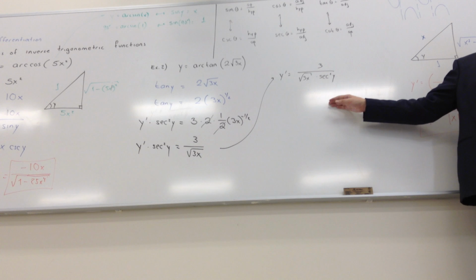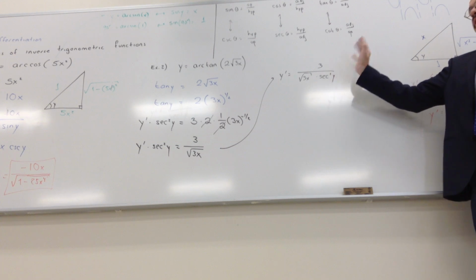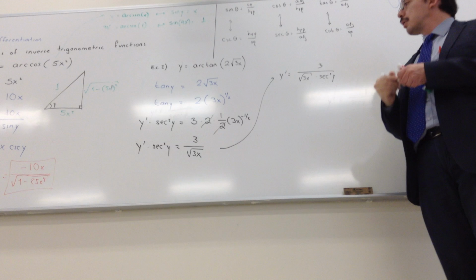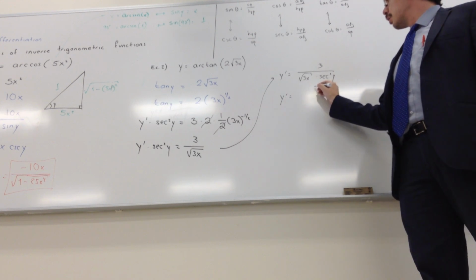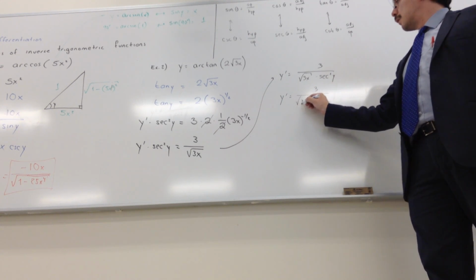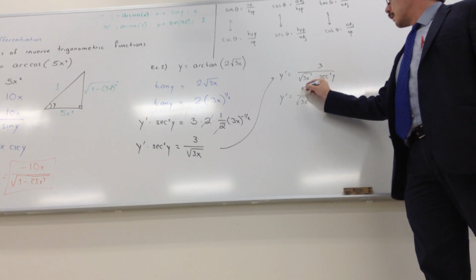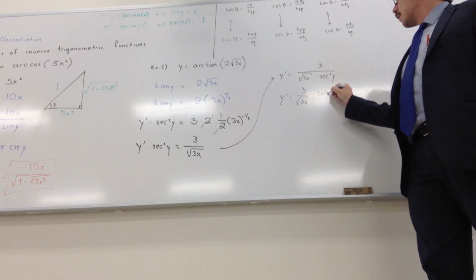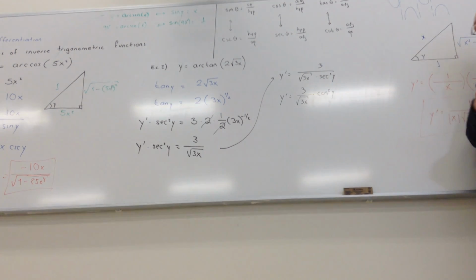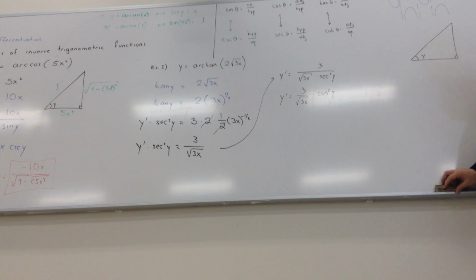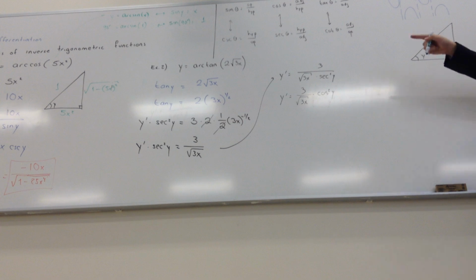Do I need to change this into cosine? If you want to. If not, that's fine. But I will see what happens. We build a triangle. On the triangle you have tangent, so it's opposite over adjacent.